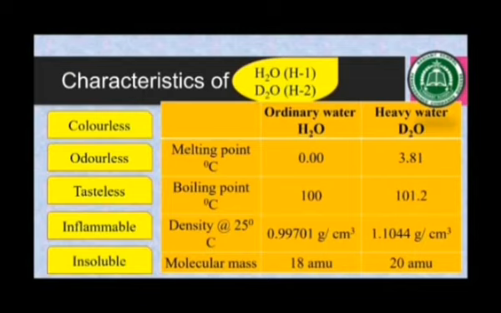Molecular mass for ordinary water is 18 AMU, and for heavy water the molecular mass is 20 AMU. You can see here, by changing isotopes, H1 forms a water, H2 also forms a water, but there is a difference in their physical properties.